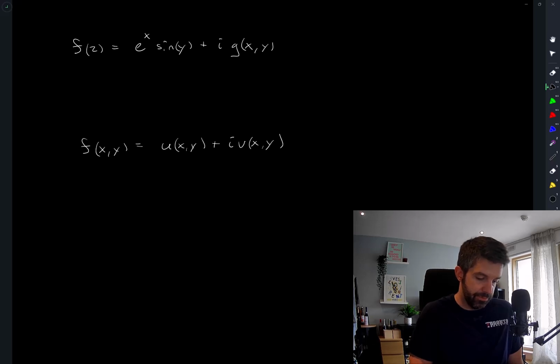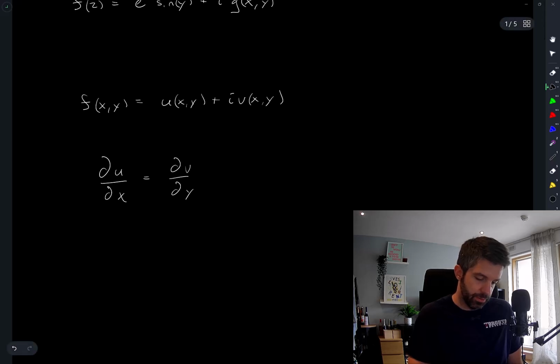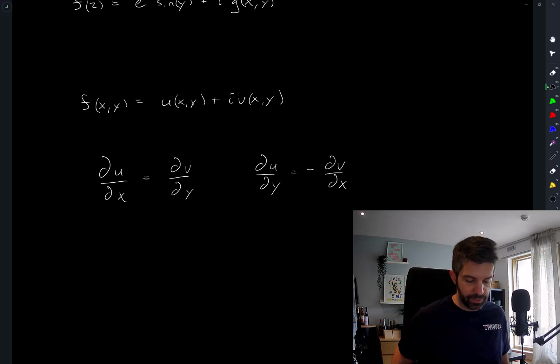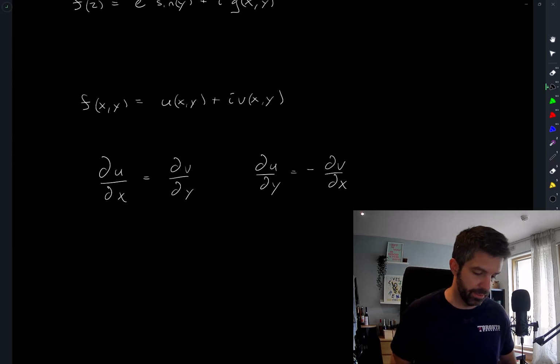I believe, if memory serves me correctly, the conditions for the function to be holomorphic are the following. I think that's what it is.